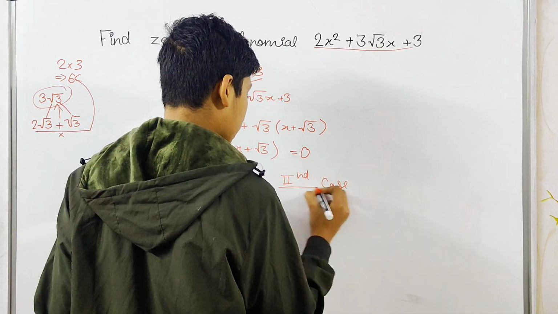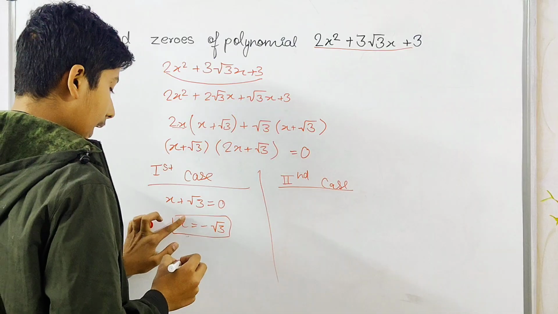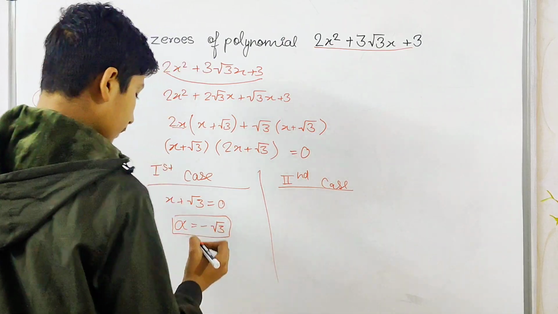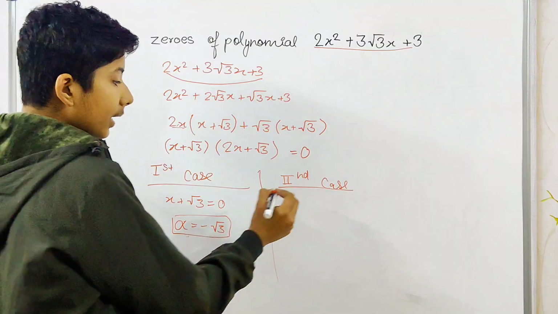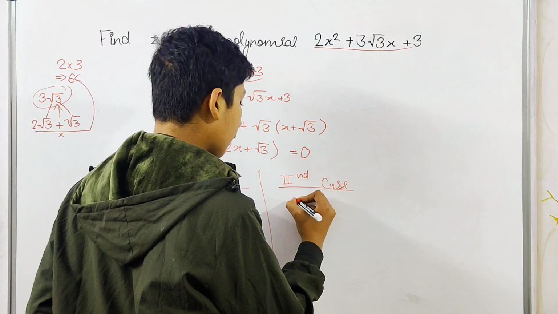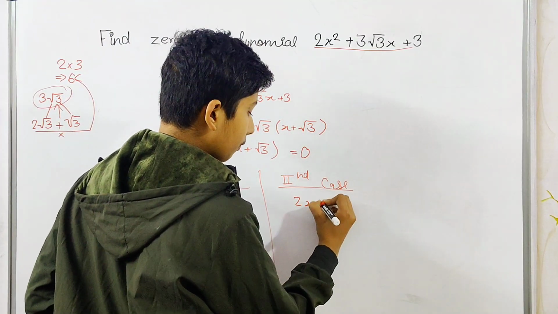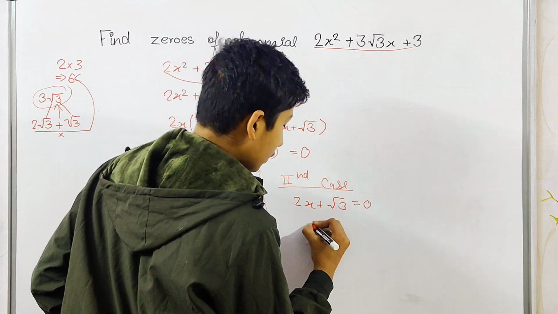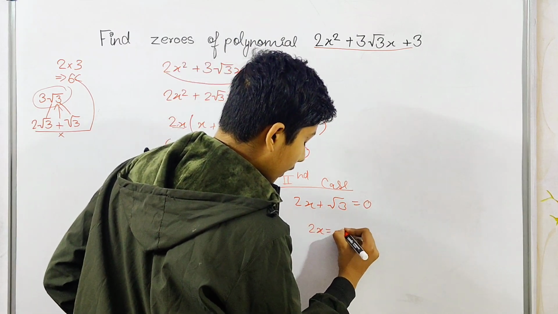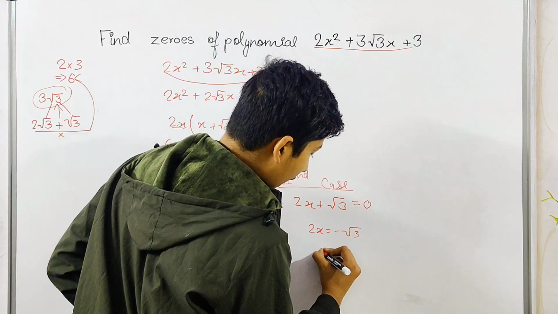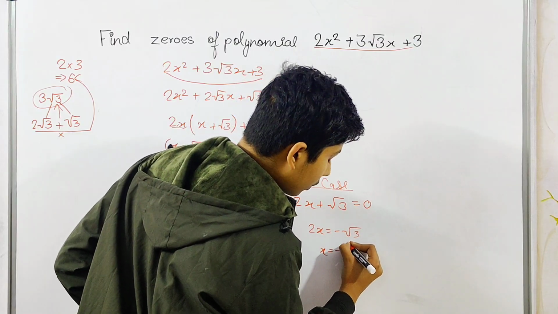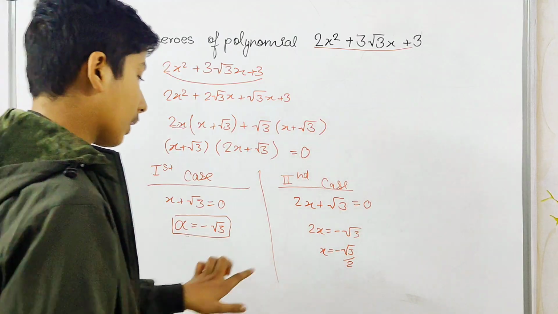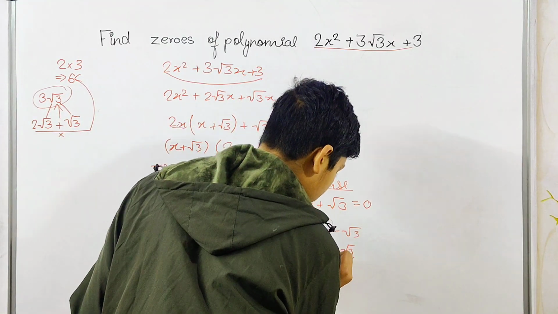And in the second case, x equal to minus root 3, so it would be alpha. Now, second case is 2x plus root 3 equal to 0. So 2x equals minus root 3. x equals minus root 3 by 2. Now see, this is beta.